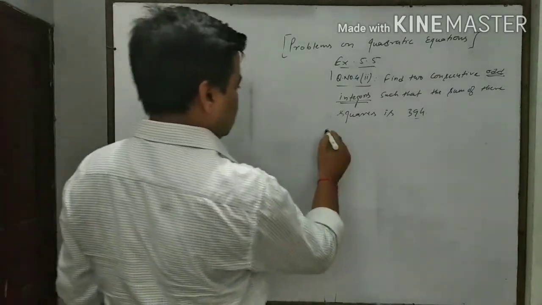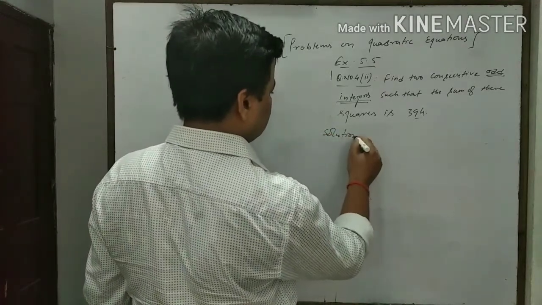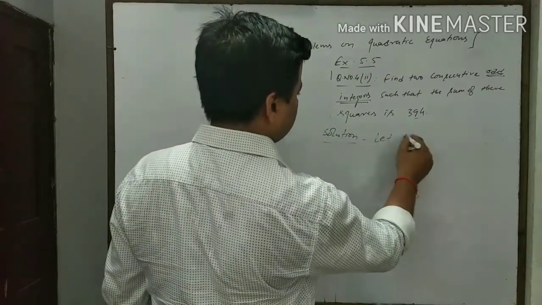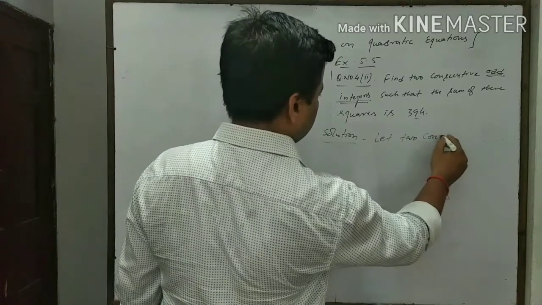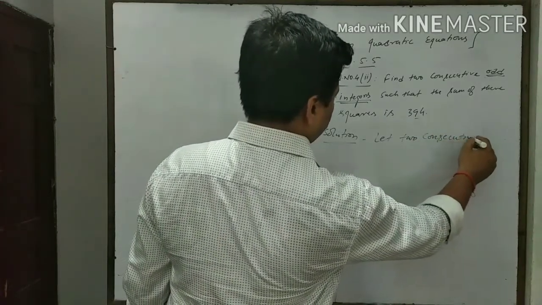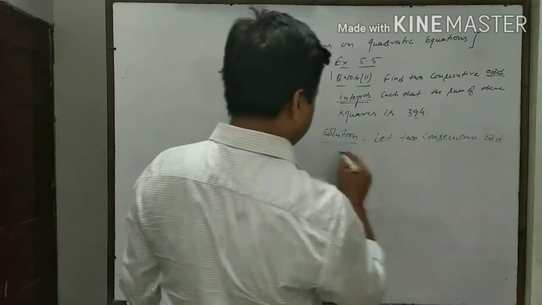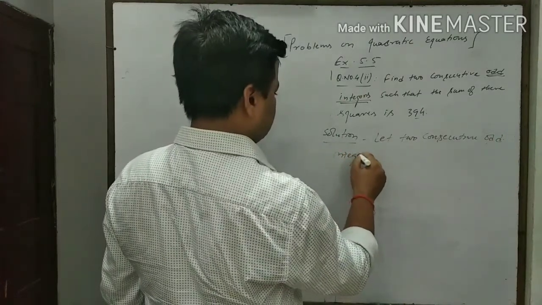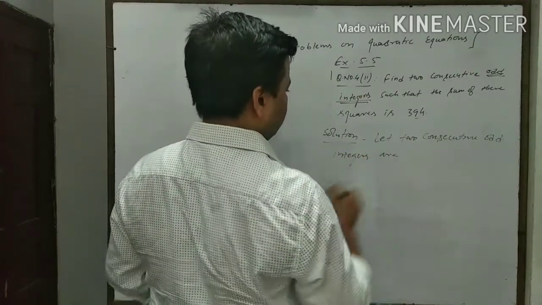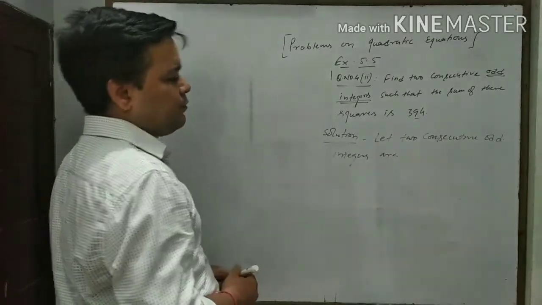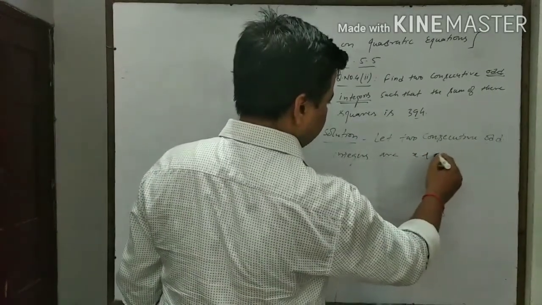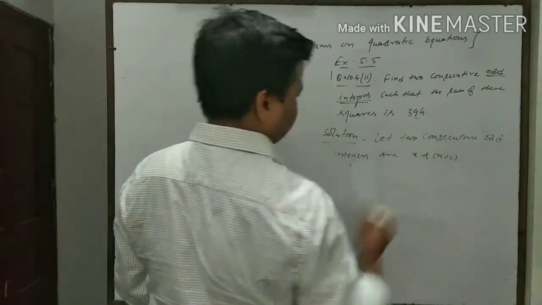So first of all, write the solution: let the two consecutive odd integers be x and x plus 2.